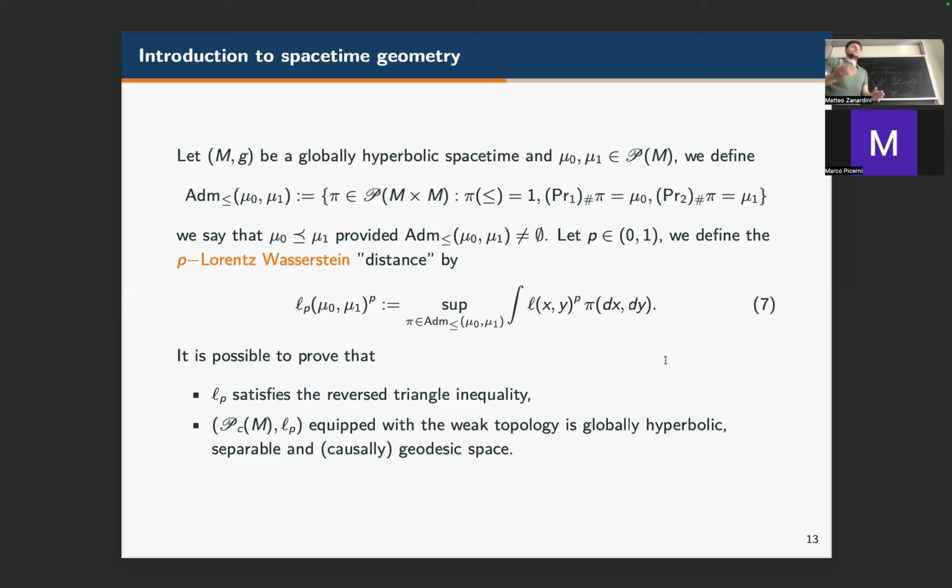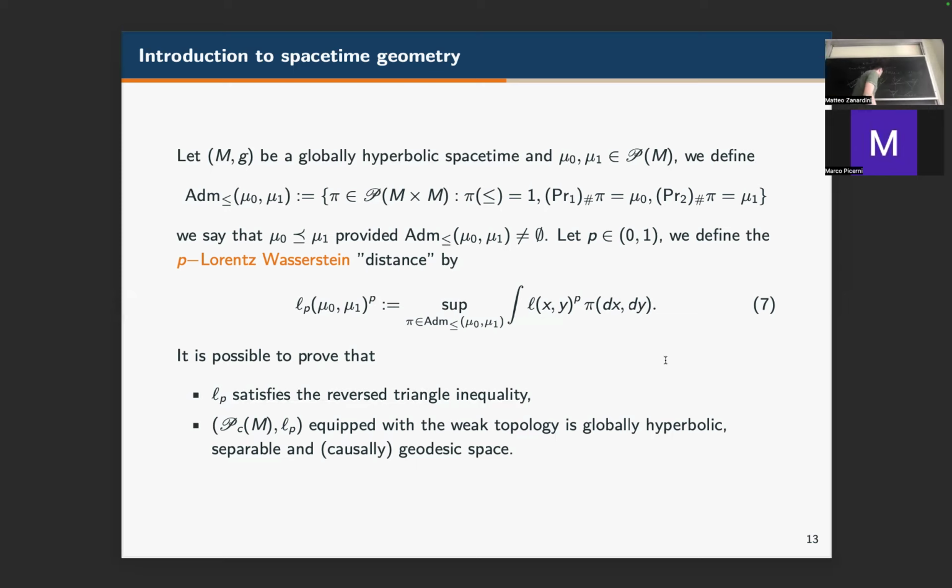So this property of global hyperbolicity is lifted from the space-time to the set of measures. Well, this is separable, as it was at the beginning, since we consider the weak topology, and it is also a causally geodesic space.